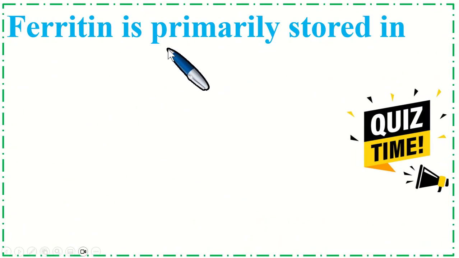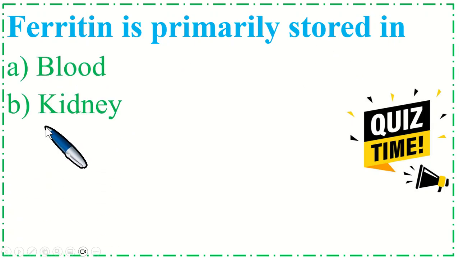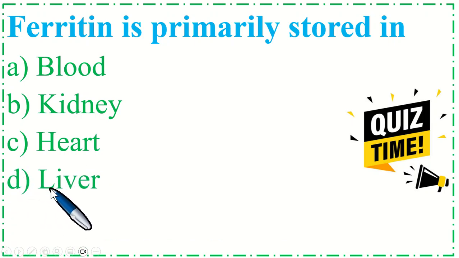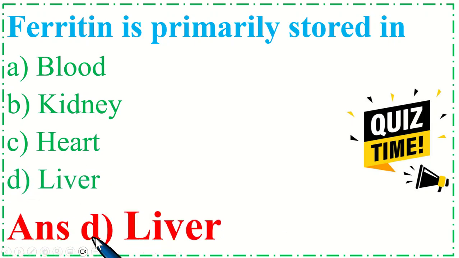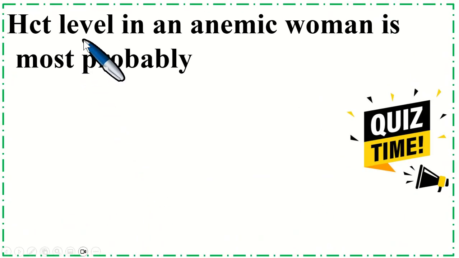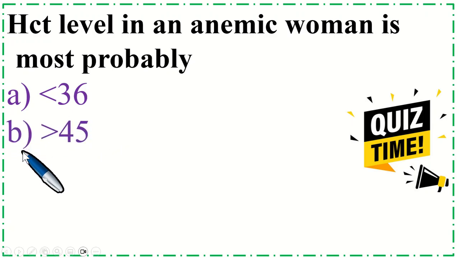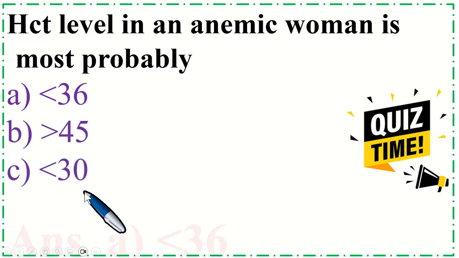Ferritin is primarily stored in option A blood, B kidney, C heart, option D liver. Correct option is D liver. HCT, hematocrit level, in an anemic woman is most probably option A less than 36, B more than 45, C less than 30.